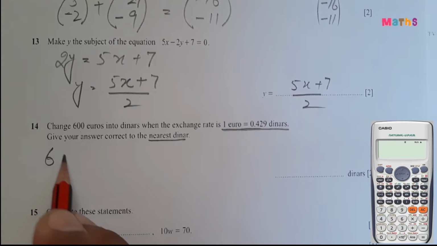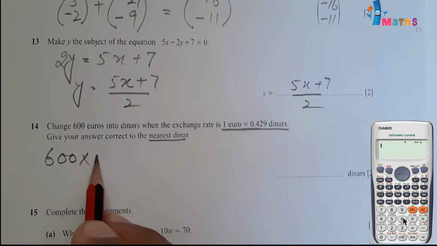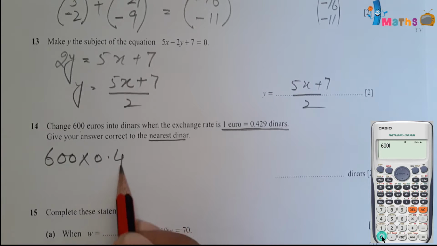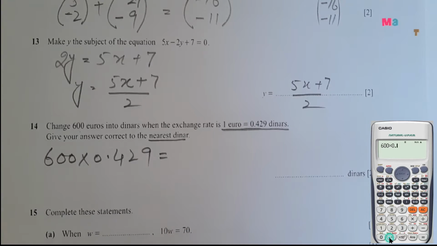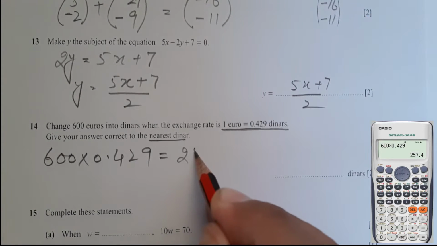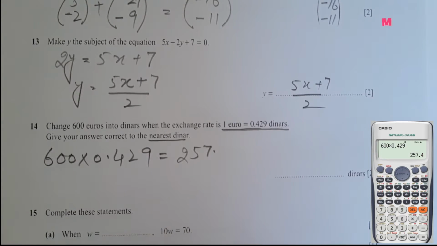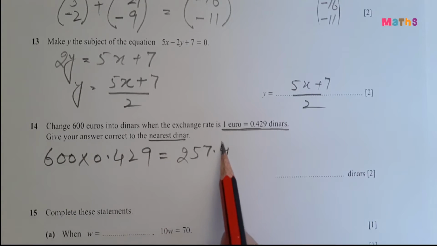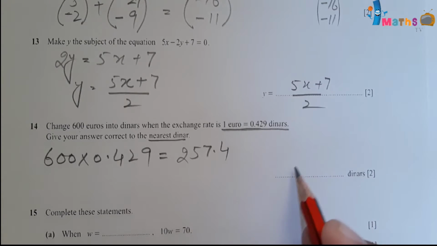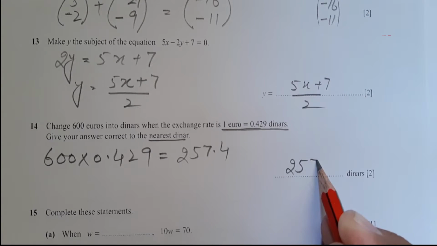We will be multiplying 600 by the conversion ratio 0.429, and if we check with calculator, 600 multiplied by 0.429 will be equal to 257.4. So they need the answer correct to the nearest dinar, so this 4 we will leave as it is, less than 5, so our answer will be 257 dinar.